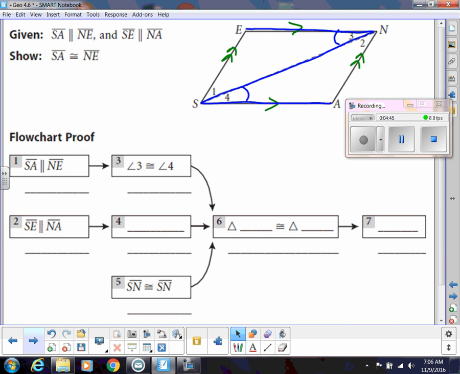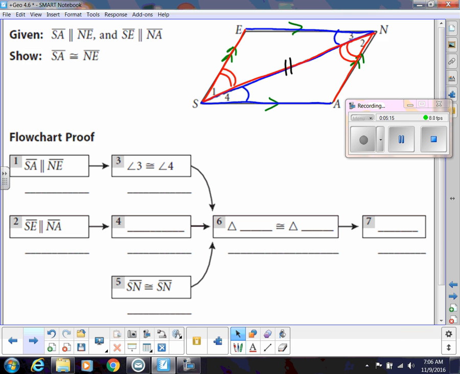And then we also have these lines parallel, so trace those. And again, we're going to use that diagonal line as our transversal. And that's tracing out angle 1 and angle 2. So those will also be congruent by AIA. And then we have that shared side in the middle, so that'll be congruent to itself by the reflexive property.